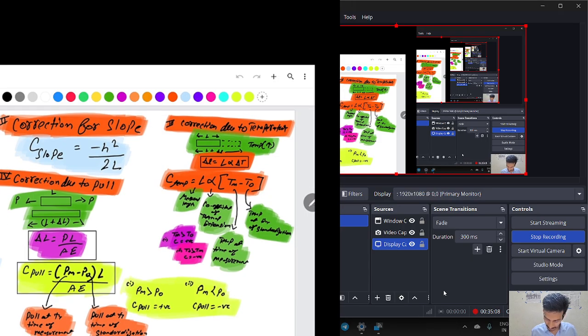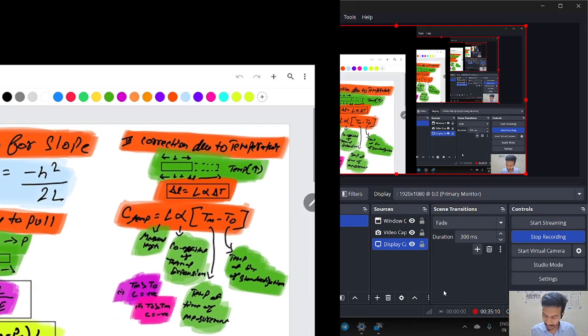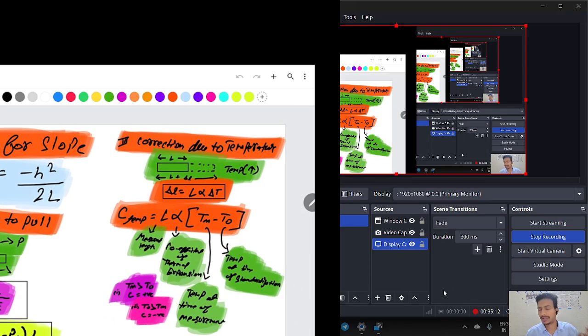Now, the third one is the correction due to the temperature. We know the coefficient of thermal expansion: correction of temperature is equal to the measured length, coefficient of thermal expansion, into the change in temperature, which is Tm minus T naught.